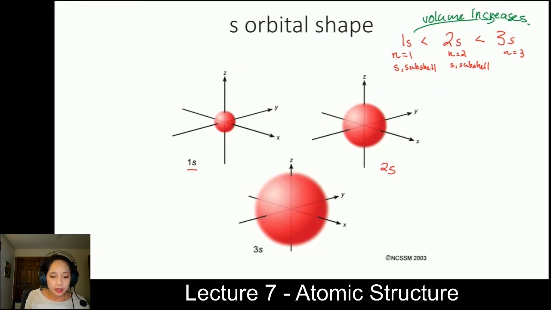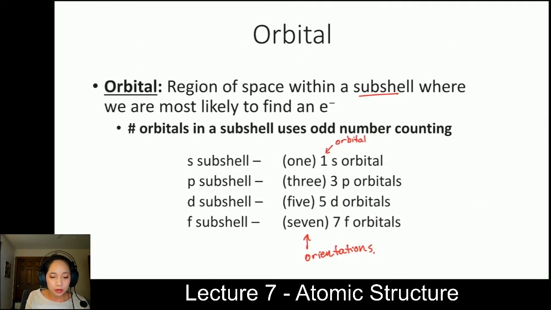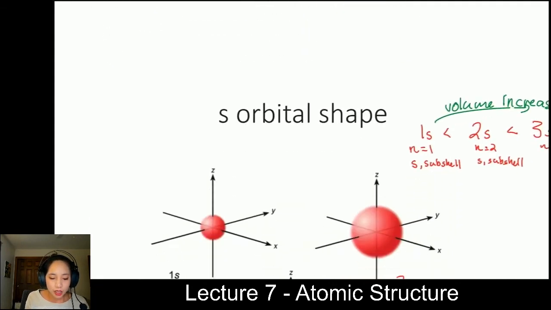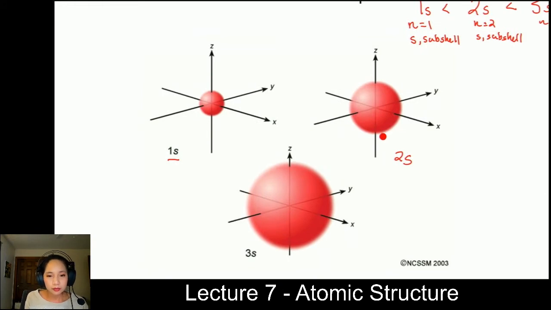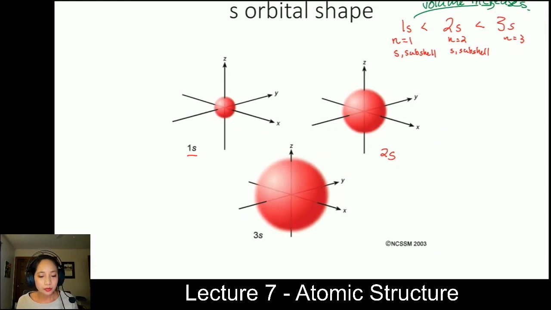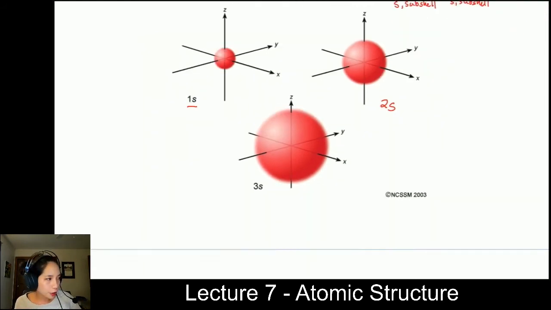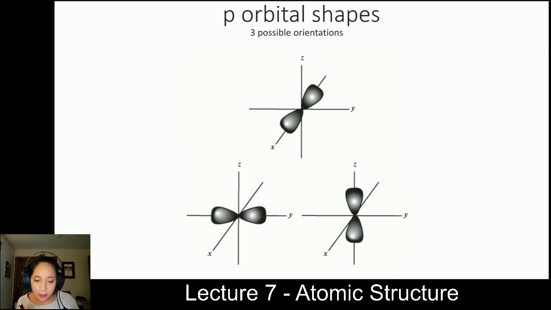And if you remember from our orbital quantum number, our third quantum number, within an s subshell we only have one type of s orbital. This is because it is a sphere, and the orientation of a sphere doesn't matter. It'll always look the same no matter how you rotate it. That's why there's only ever one orbital to describe an s subshell. That might be confusing, but I think if I show you the p orbitals, that might make more sense.